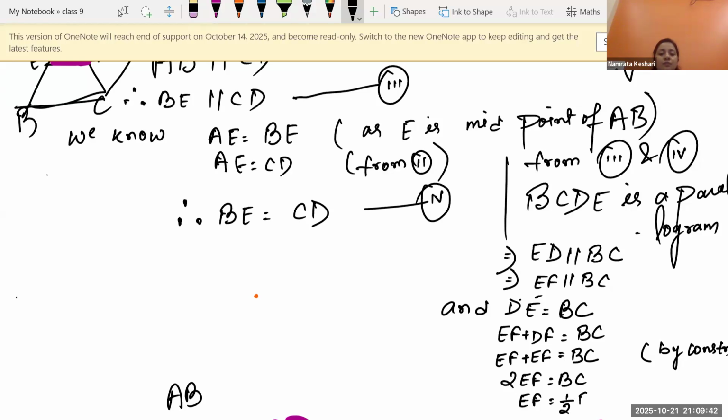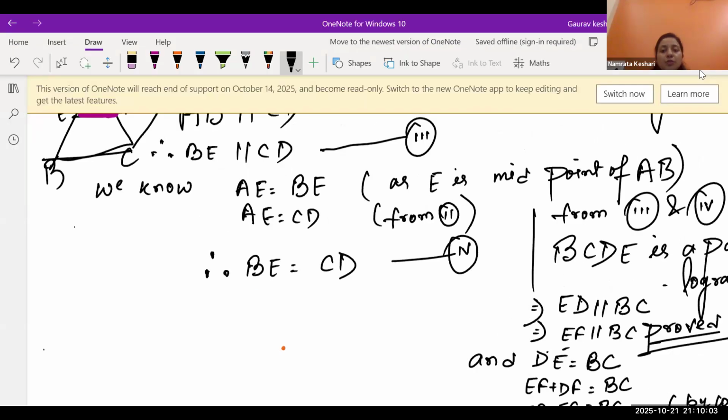Clear? Yes, ma'am. We are done with the proof over here. EF parallel to BC, that also we are done with the proof. And this is the complete proof of the midpoint theorem. So many steps and concepts are involved, but practice is required. Then only you will be able to prove it in your exam.